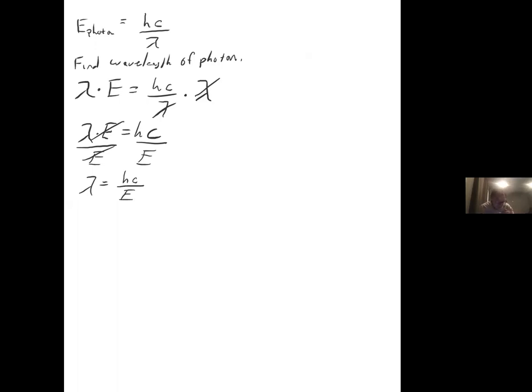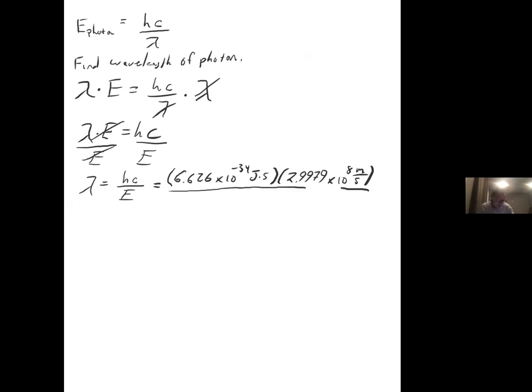Now we have wavelength. So h again was a constant, 6.626 times 10 to the minus 34 joules times seconds. That's a constant we looked at yesterday. The speed of light is 2.9979 times 10 to the 8th meters per second, a second constant we looked at yesterday.